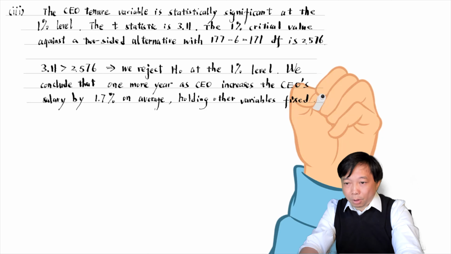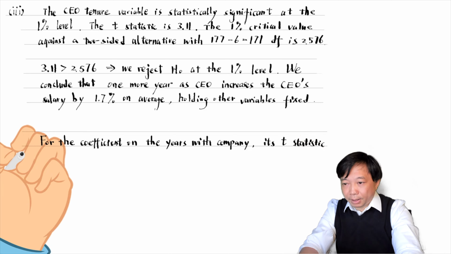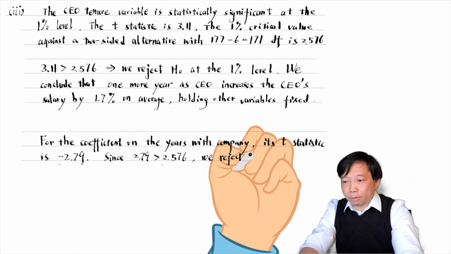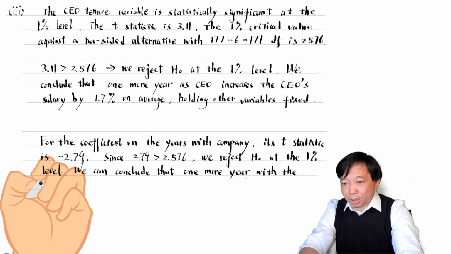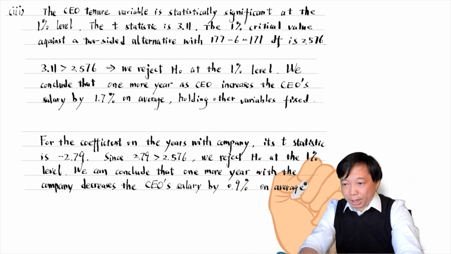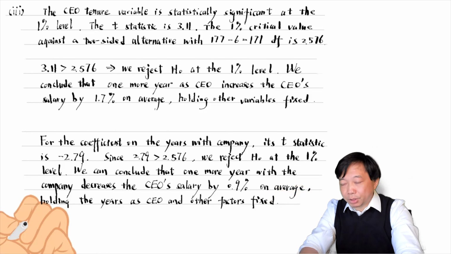For the coefficient on the years with the company, its t-statistic is minus 2.79. Its absolute value is also above the critical value, so we reject the null hypothesis at the 1% level against a two-sided alternative.